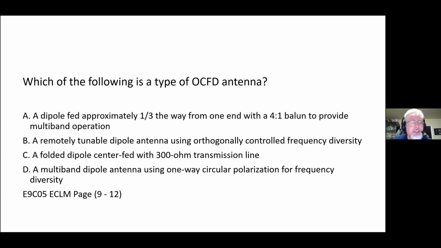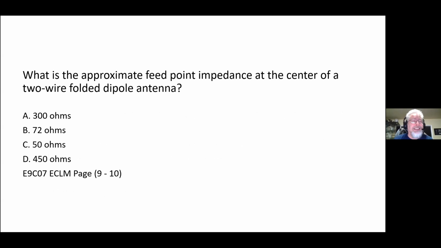C, a folded dipole center fed with 300 ohm transmission line. Or D, a multiband dipole antenna using one-way circular polarization for frequency diversity. Alpha. Alpha is correct. A dipole fed approximately 1/3 of the way from one end with a 4-to-1 balun to provide multiband operation. Orthogonally. Okay. I love pronouncing certain words on these tests.